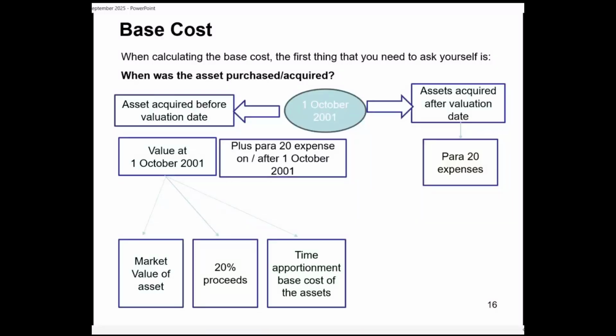If the asset was acquired after the valuation date, paragraph 20 expenses will be included. You need to know when the asset was acquired in order to apply paragraph 20 correctly.